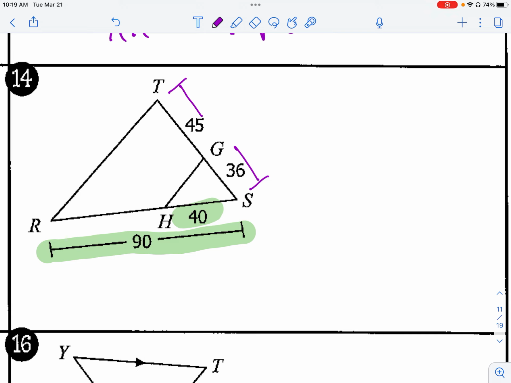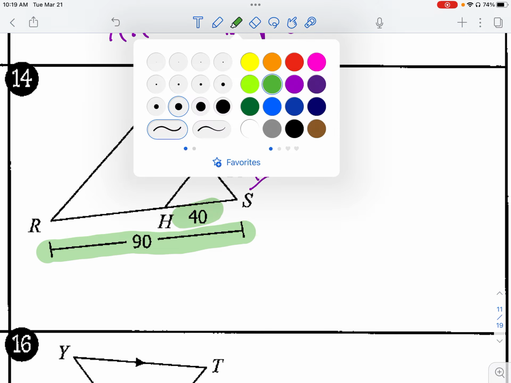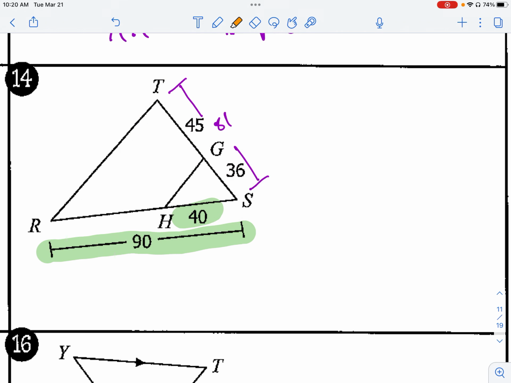So 45 plus 36 is 81. So we're going to have 40 over 90 equals 36 over 81.